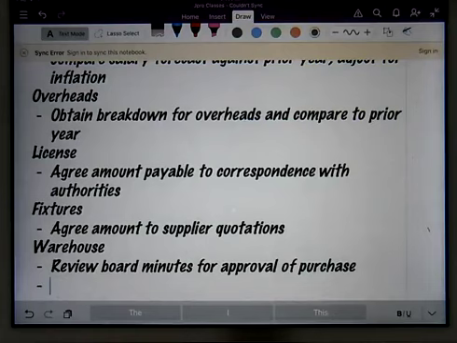Why didn't I use board minutes for fixtures? Because I got external data. Clear? Now, are they going to build it or buy it? Buy.